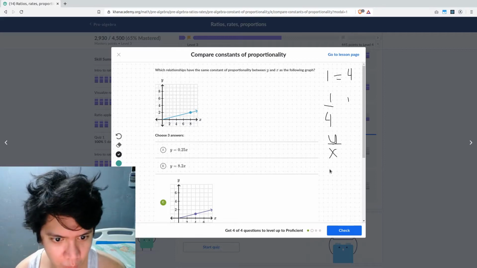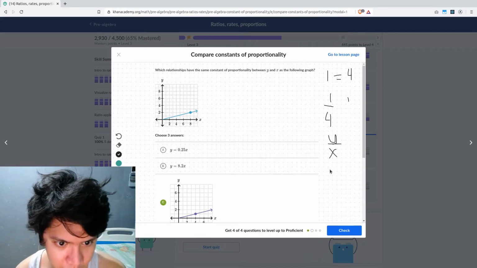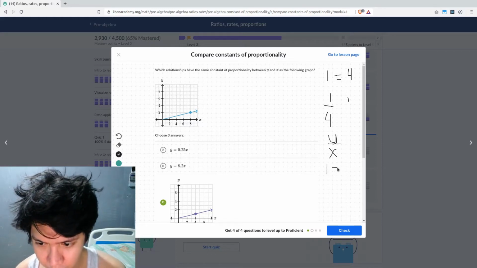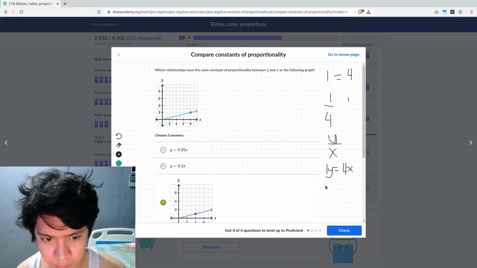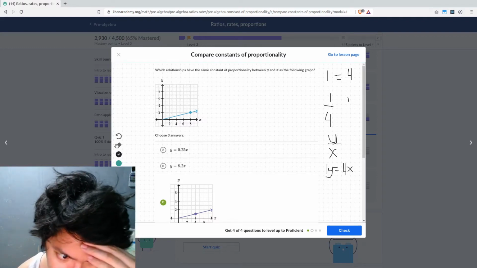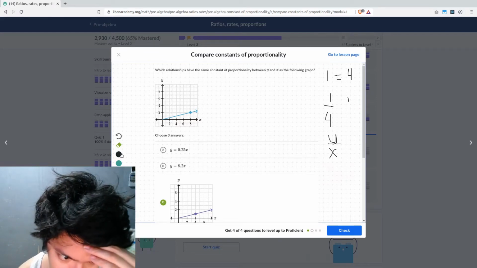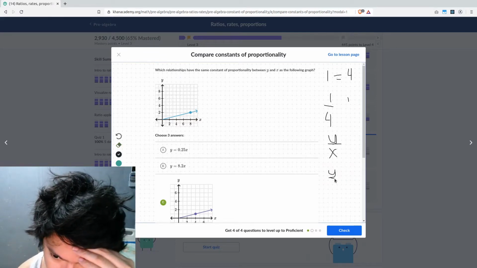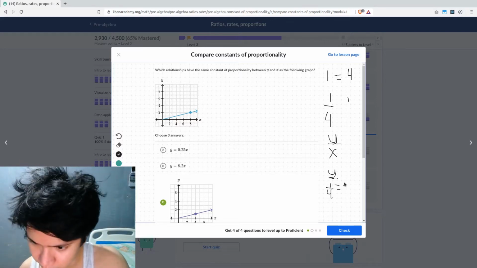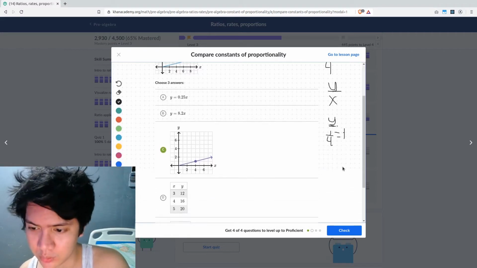If our y equals 1, then we have 4x, like that. No, am I supposed to write it like this? This is incorrect, I'm supposed to say 1/4, and then this equals just 1.